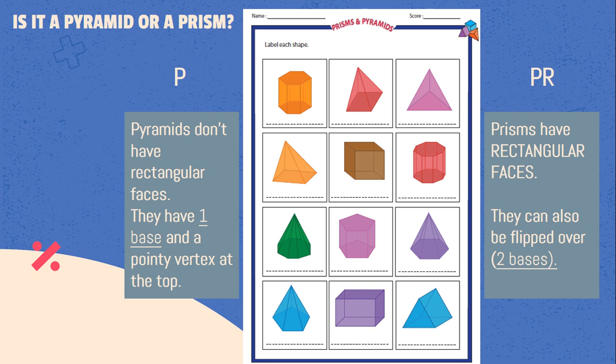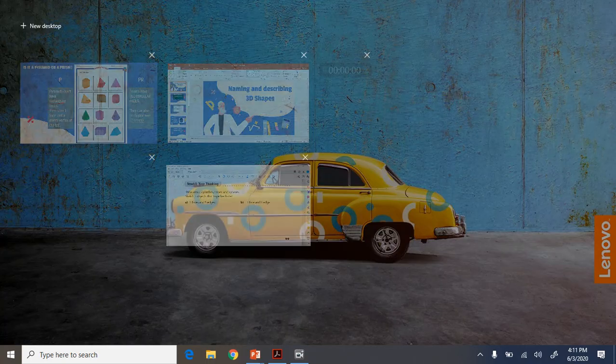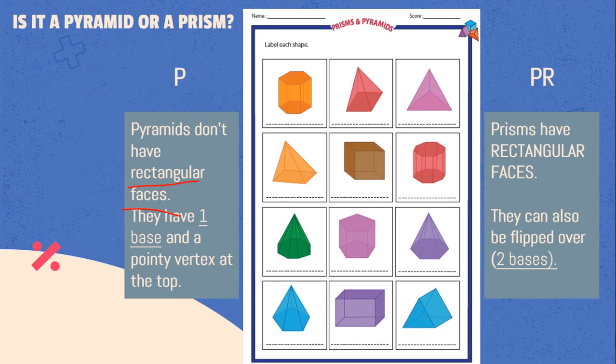Pyramids don't have rectangular faces. They have one base, so that means they just have something on the bottom, and one pointy vertex at the top. So they have something that points at the top, but only one.